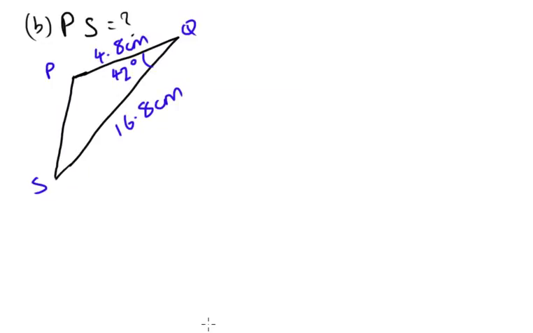Right, now we want to get PS. So which rule are we going to use? We have the angle, we have the two lengths. Do we have a pair? No. So if we don't have a pair, we are going to use cosine rule.